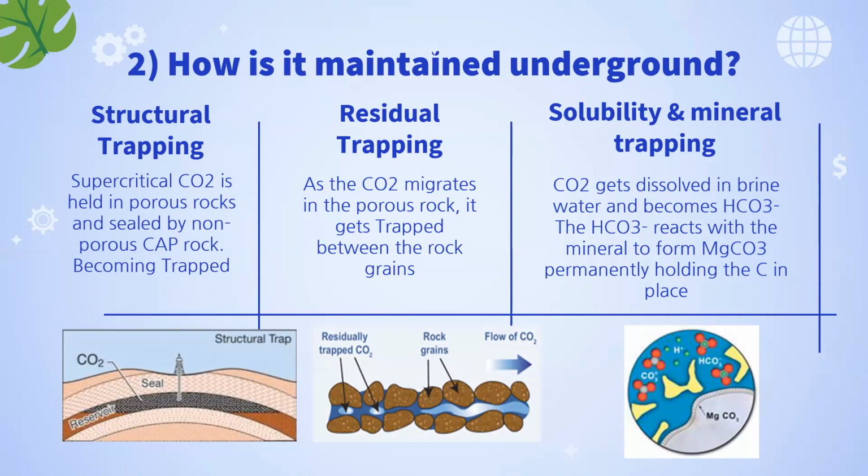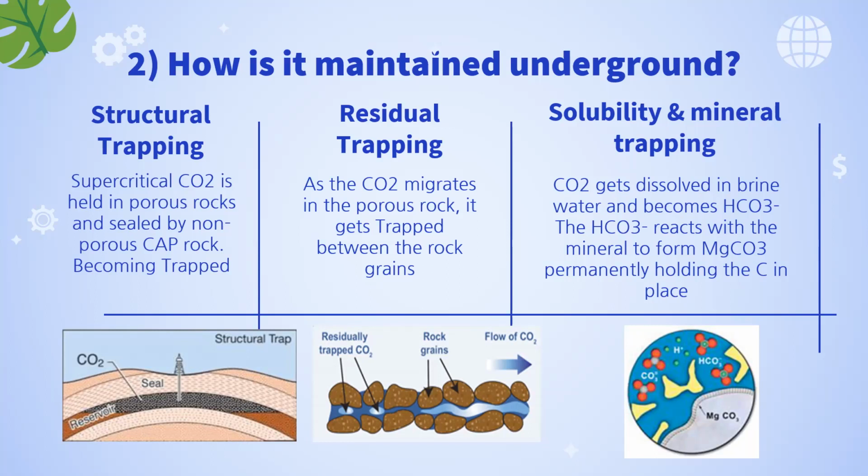However, it will be blocked by a cap rock, which is non-porous rock, and this is what we call structural trapping. Now, at a more microscopic scale, other mechanisms also happen. So we also have residual trapping, where the CO2 literally gets trapped between rock grains.